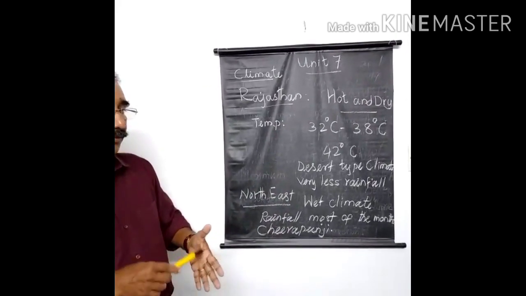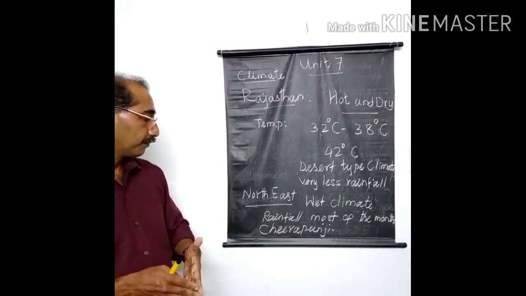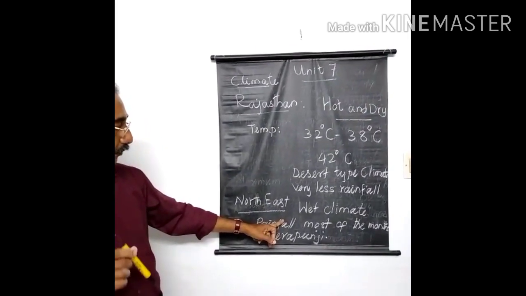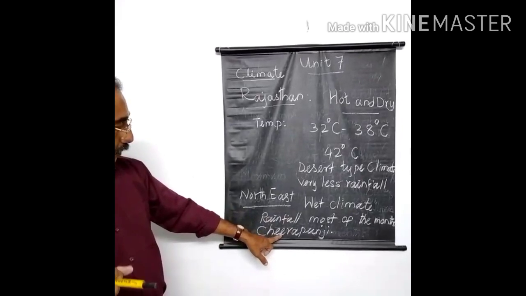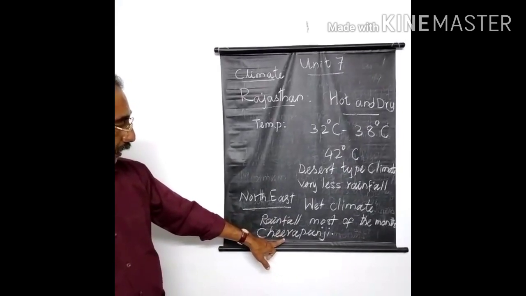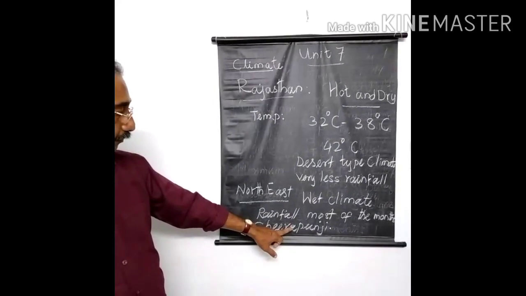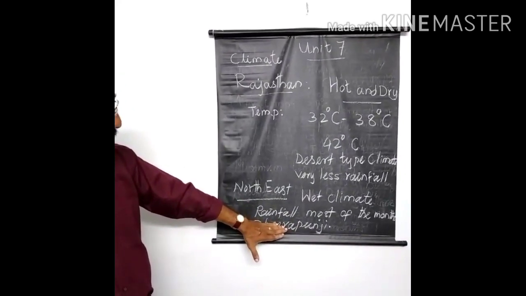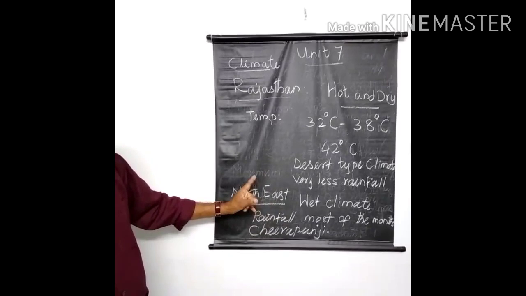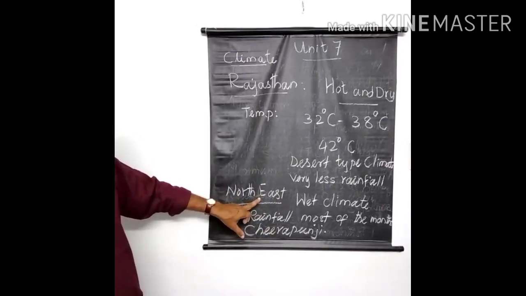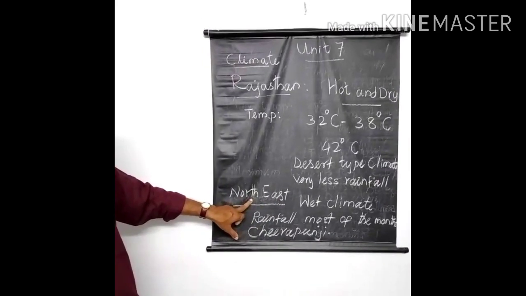And Assam is just like Kerala, they get plenty of rainfall. And Cherrapunji, the world famous place which receives the highest rainfall, is a place in Meghalaya near the capital Shillong, right? So this is a different type of climate prevailing in northeast India.